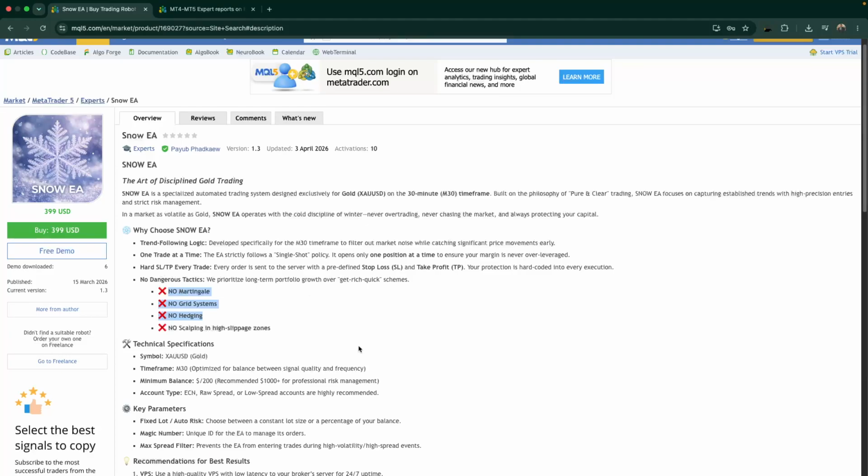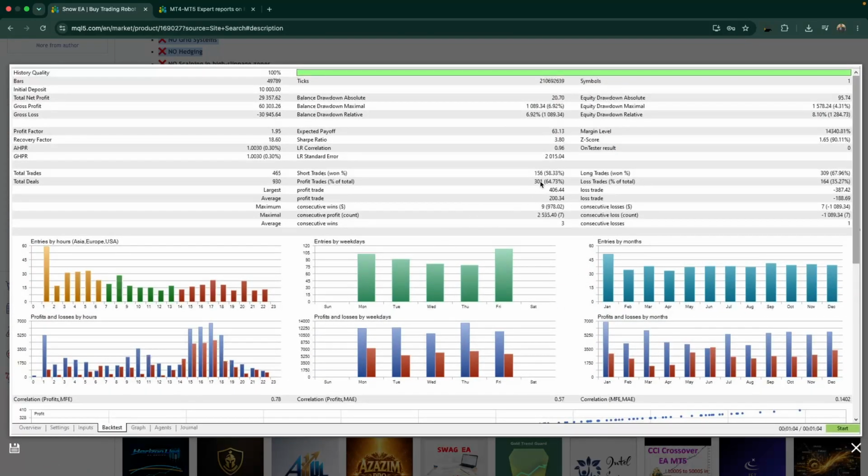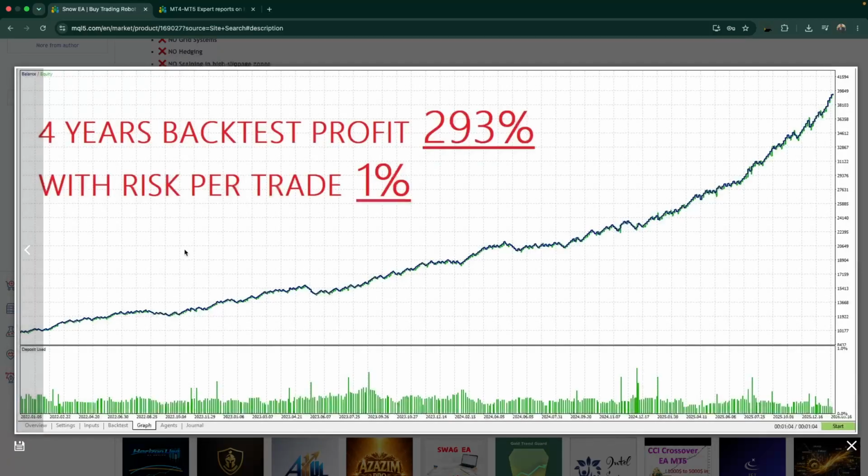The seller shows solid results with around a 65% win rate. You can see this is their backtest results. We have a profit factor near 2, strong recovery, and relatively controlled drawdowns on their backtest. You can see the equity drawdown is 4.31%, while it's 6.92% on the balance. So they took 465 trades, and this backtest was run from 2022 to 2025, so it's like a 3 year backtest.